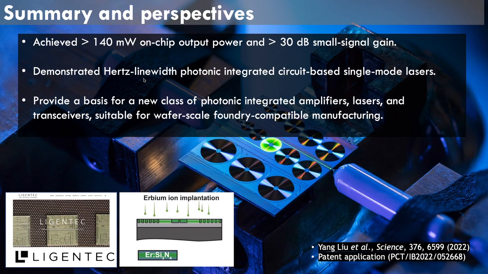Nowadays, this process, the erbium ion implantation and the silicon nitride fabrication, can be wafer-scale and compatible with foundry services. For example, LIGENTEC will soon provide this service for the passive silicon nitride fabrication, and also the implantation service probably in the future.